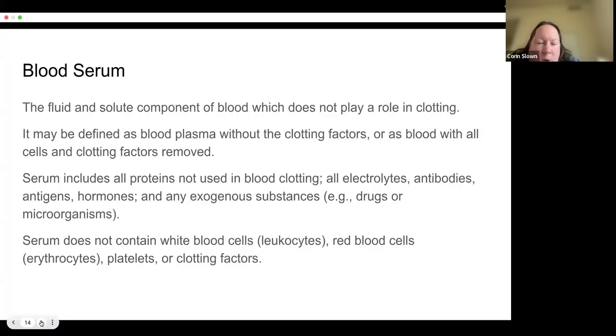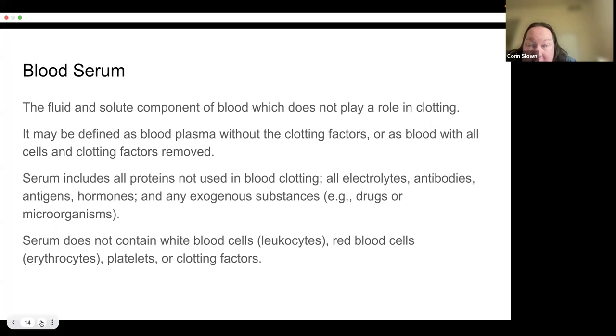So the example we're going to use is blood serum. Serum is the fluid and the solute component of blood that does not play a role in clotting. So sometimes folks will refer to this as blood plasma without clotting factors, or as blood with all cells and clotting factors removed.